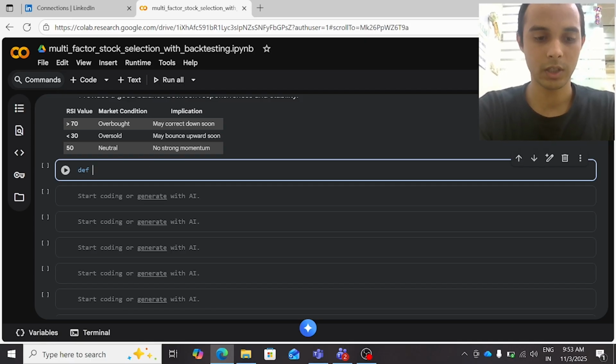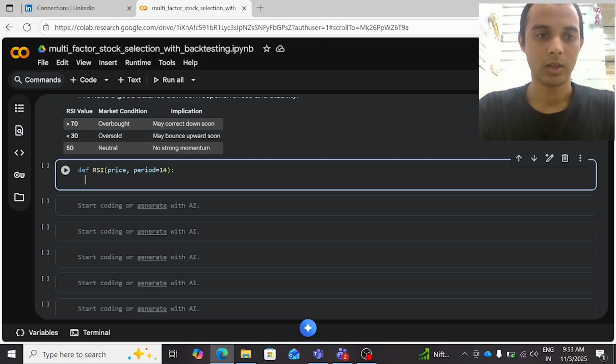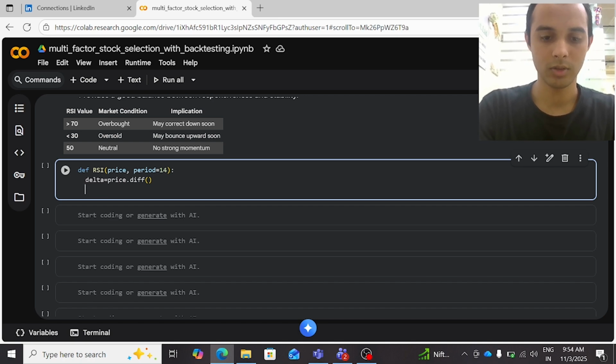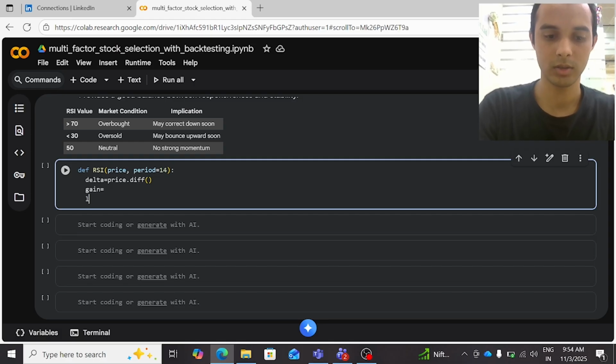So we will first create the function for it. We will pass down the price, then a period of 14 days for our convenience, and delta here is nothing but the price difference, the price change for that day. And then we will be finding gain and loss.